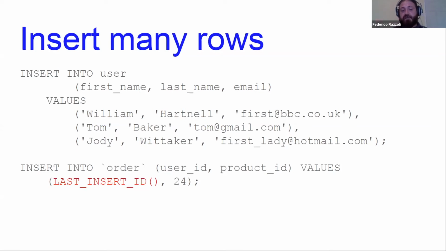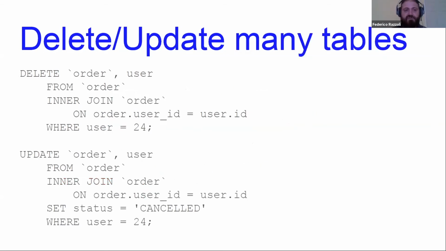When you do this, it would be useful to know the ID of the last row you inserted, in this case, in the table user. That ID is provided by the function LAST_INSERT_ID, as you can see in this example. And the reason is, if you do this, you will not have to run an additional select. So running fewer queries is important because basically you add less work for the server.